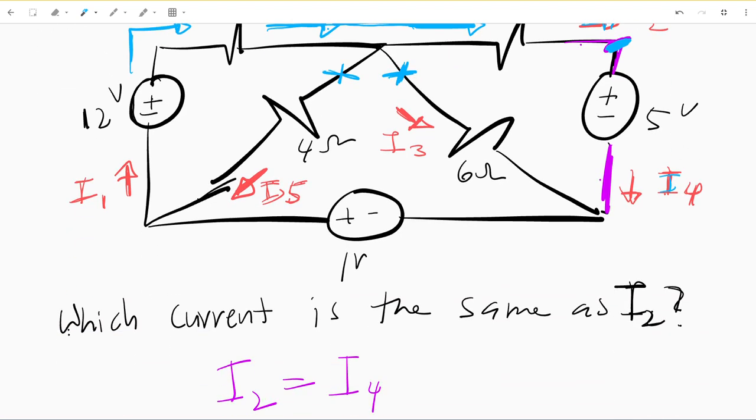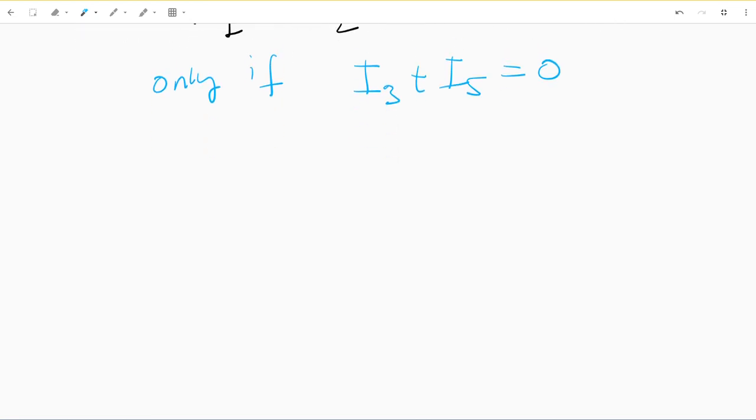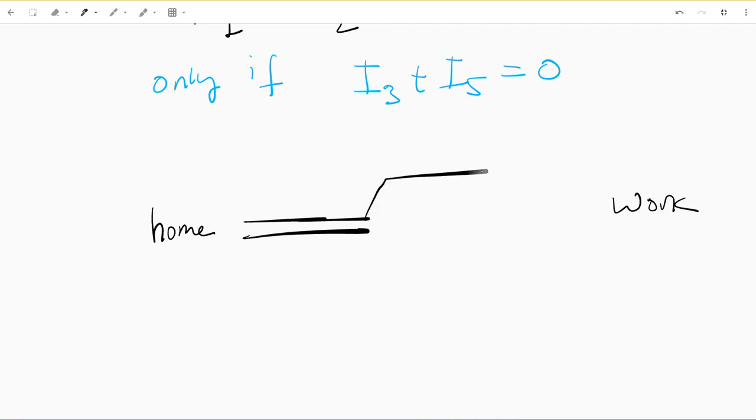Now, in terms of pictorially or in drawing, I want to show you what current does so you can relate it to your daily life. If you're leaving your home and you're driving to work, and there are two paths, one could be the highway and one could be the side streets.